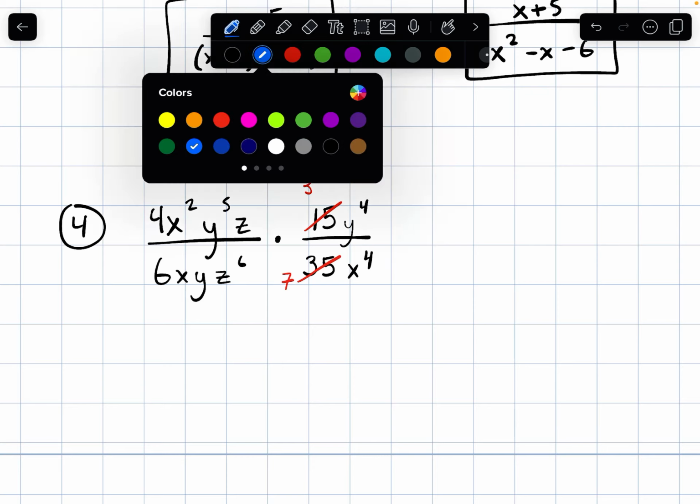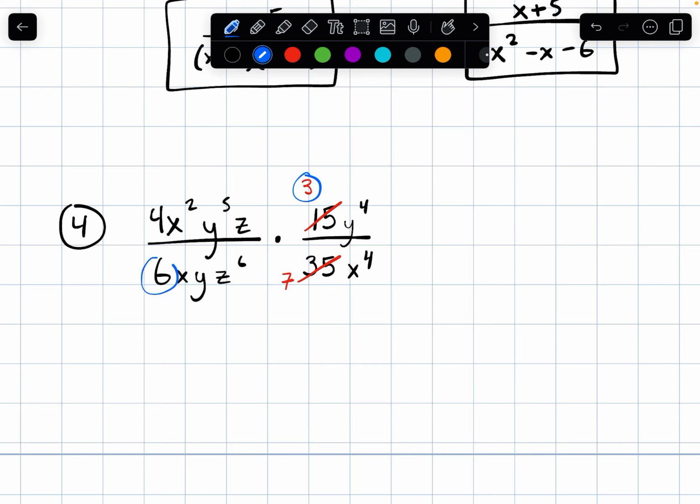And then if I look at the 3 and the 6, I notice that 3 over 6 also reduces, right? 3 over 6 is the same as 1 over 2. So if I look at my numbers in the numerator, 4 times 1 is 4. And in the denominator, 2 times 7 is 14.